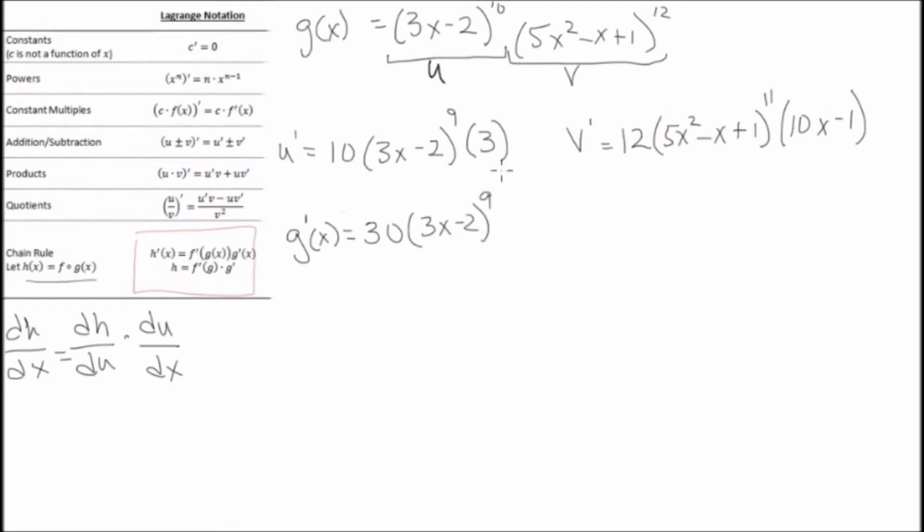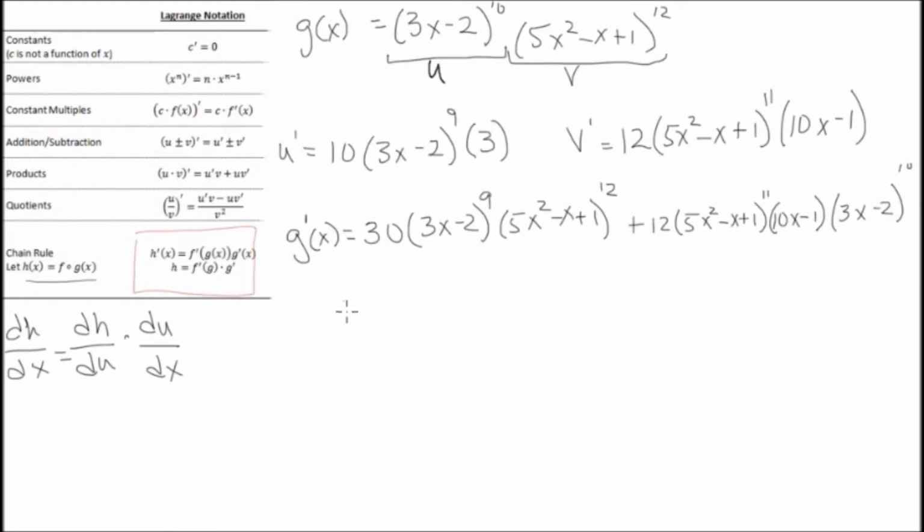So that was the derivative of u, times v, which is (5x² - x + 1) to the 12th, plus the derivative of v, 12 times (5x² - x + 1) to the 11th, (10x - 1), times u unchanged, (3x - 2) to the 10th.